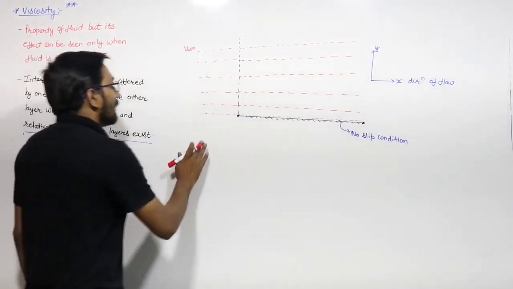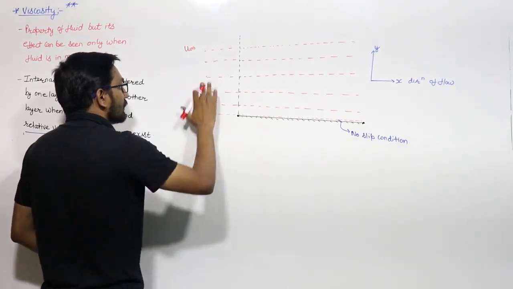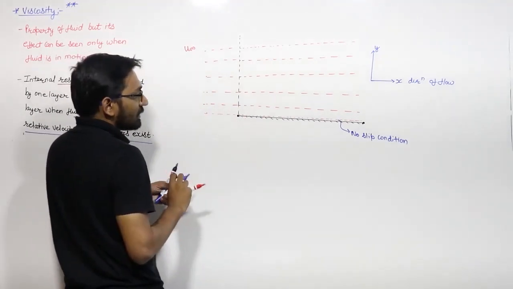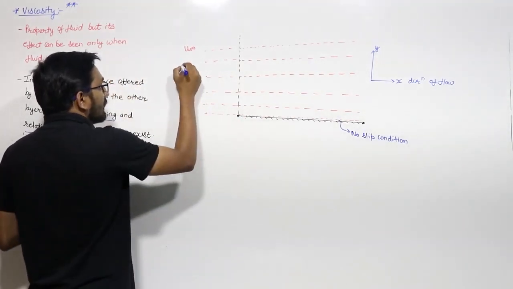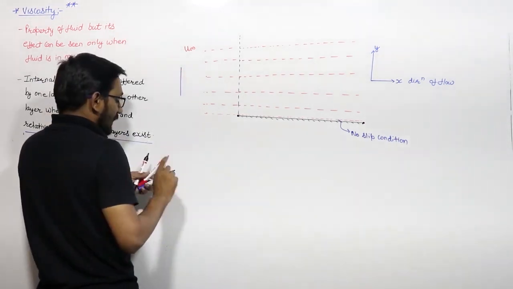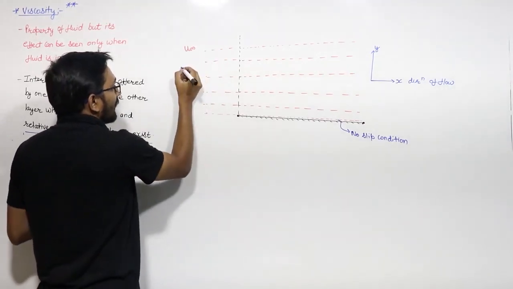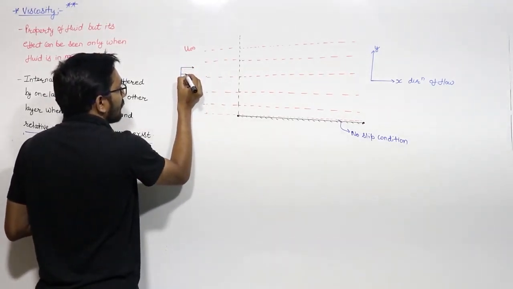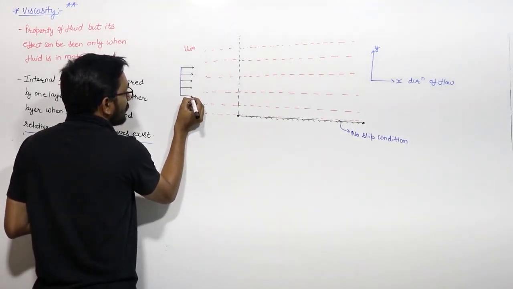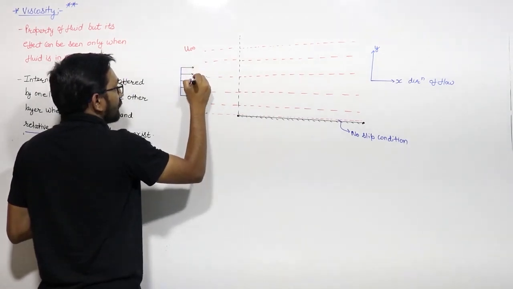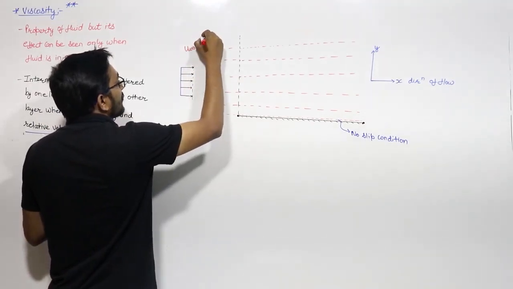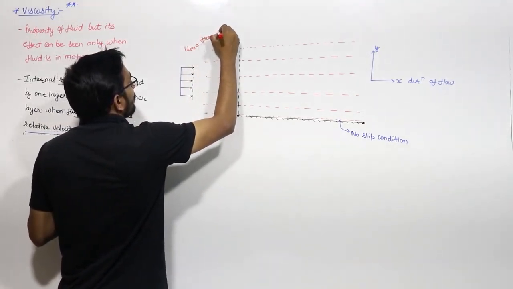If I show the velocity distribution before coming in contact with this boundary, then if I take a small section, at each and every point the velocity will be the same, and that is u infinity. And u infinity is known as the free stream velocity.